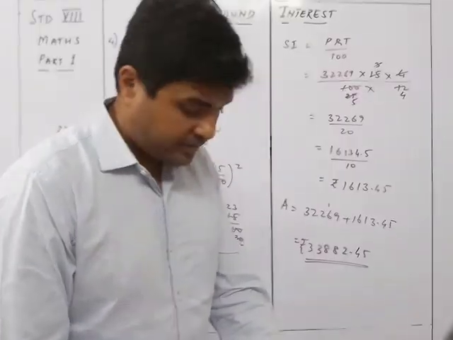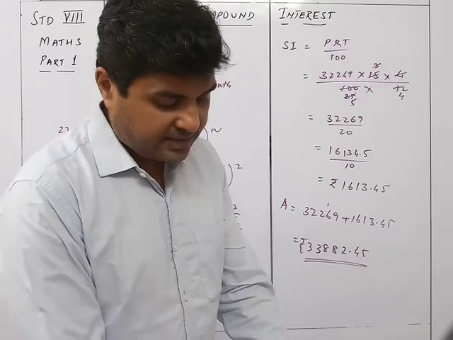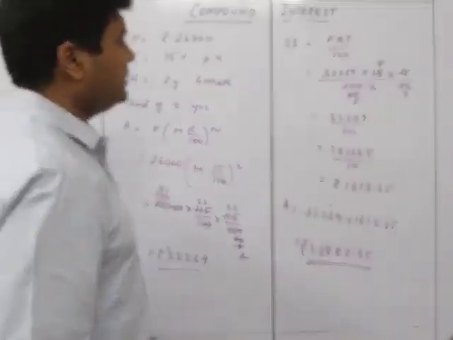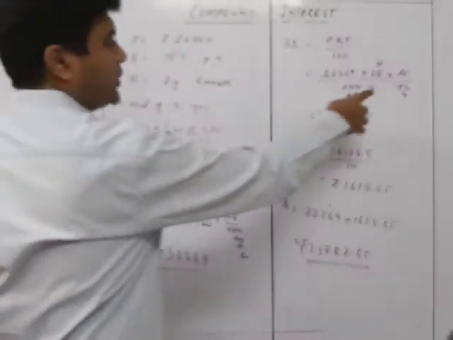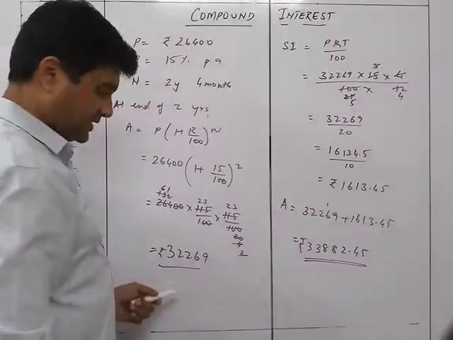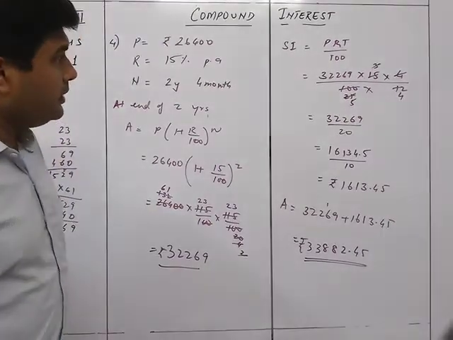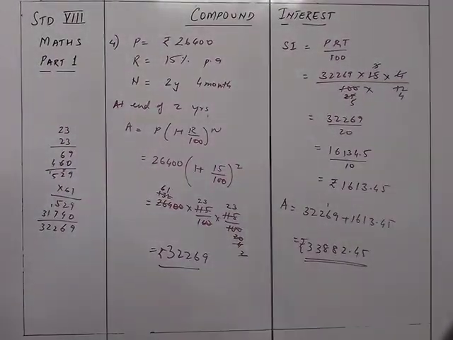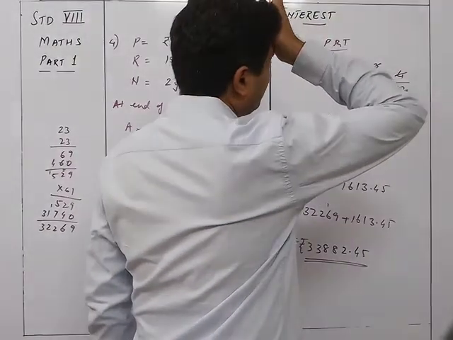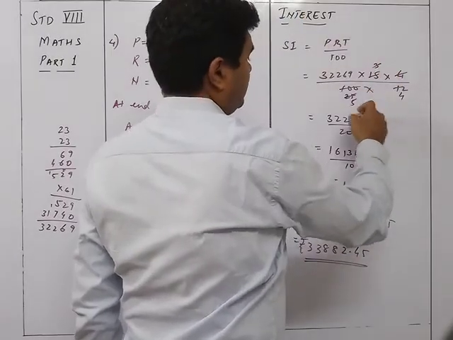Oh, there is some error. Let me check it out. It is for 4 months, so 4 upon 12 is correct. Here 32269 is okay.